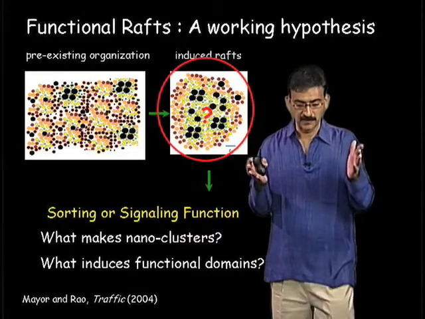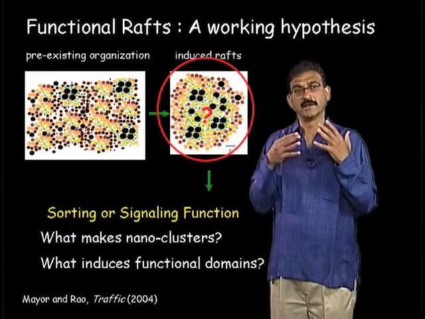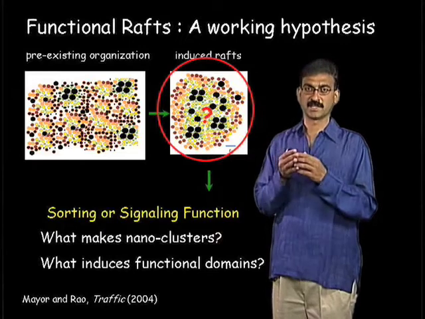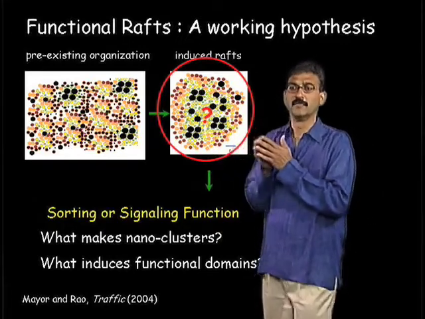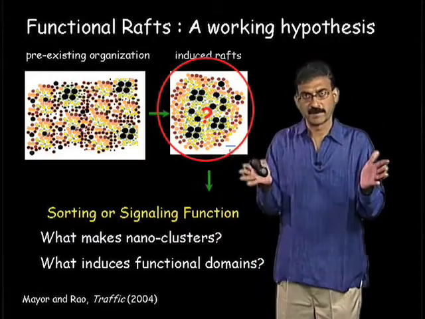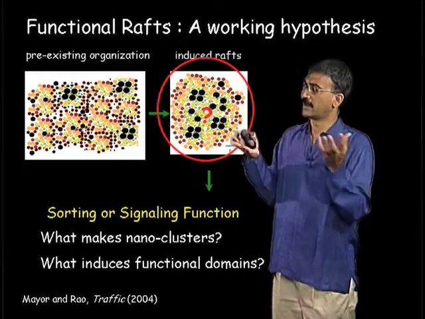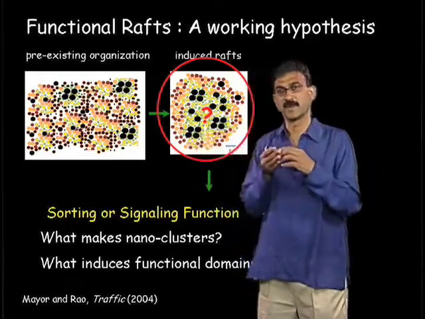As you will appreciate, coming to this point has required the development of new technology, new tools to image processes in living cells at the scales at which they demand. We've had to develop new types of microscopy to be able to study and elucidate the structure of these little nanoclusters in living cell membranes.